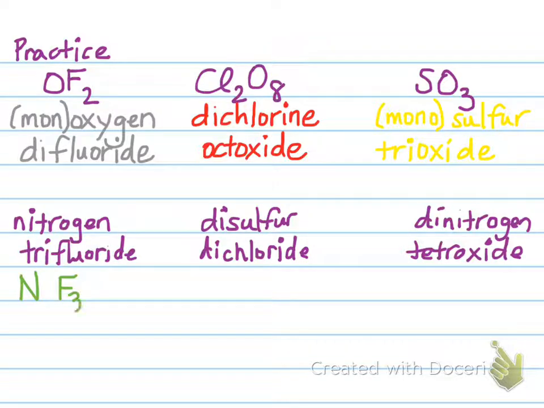Tri means 3, so my formula is NF3. For disulfur dichloride, sulfur is S, chloride is Cl, disulfur means there's 2 sulfurs, dichloride means there's 2 chlorides. And again, we don't make it the lowest whole number ratio with molecular compounds. We just leave it S2Cl2.